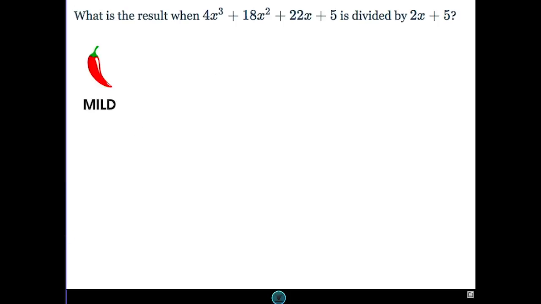Okay, so here we've got 2 polynomials. Here's our first one, and here's our second one. The second one, where it says divided by, is our divisor. So our divisor goes right here. And then we have this bracket, a bar, and the polynomial underneath the bar, that's our dividend.